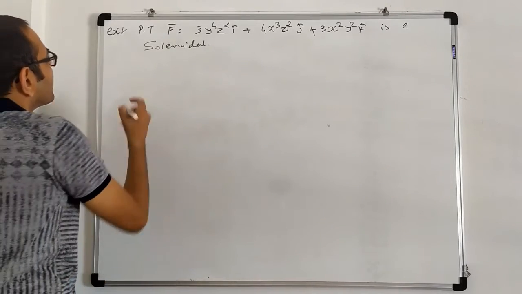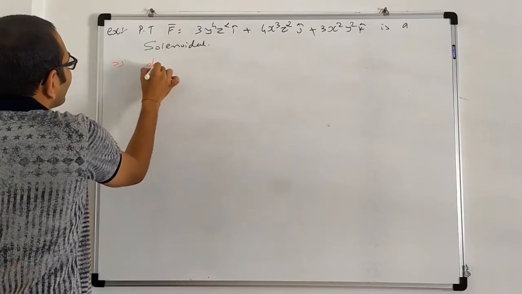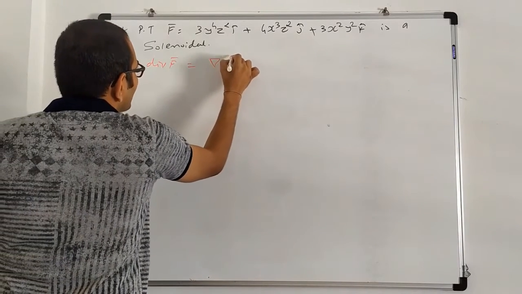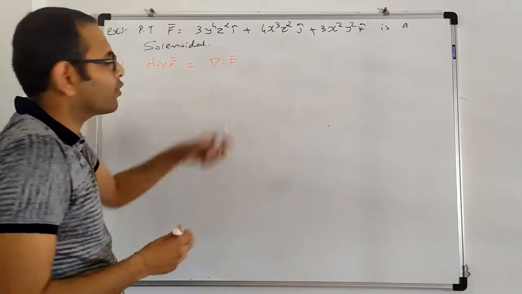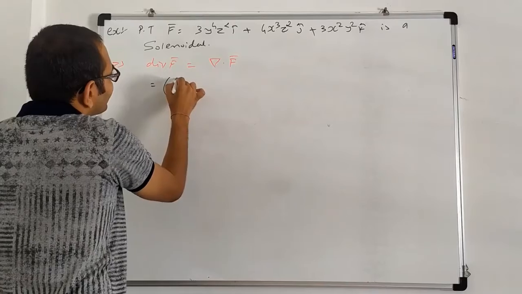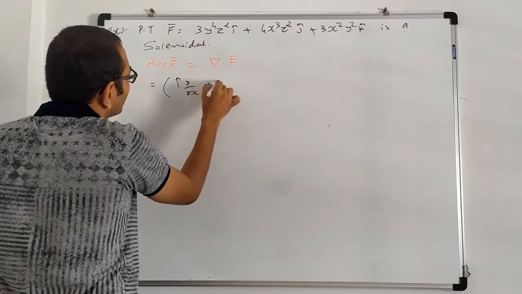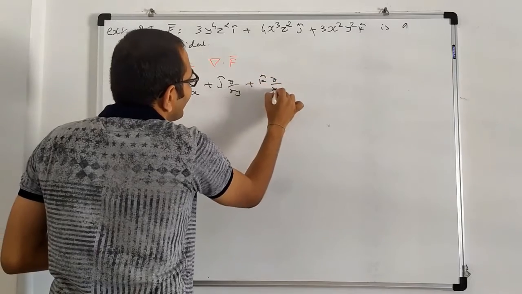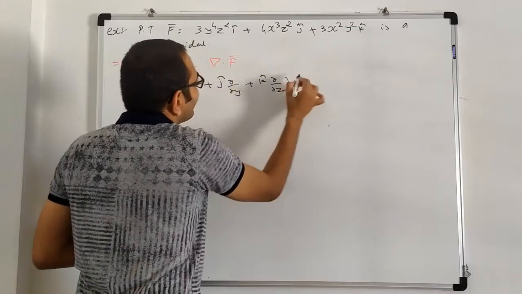Then we find divergence f bar, that is nabla dot f bar, here a dot product. Nabla is our operator, i cap del by del x plus j cap del by del y plus k cap del by del z dot f bar.